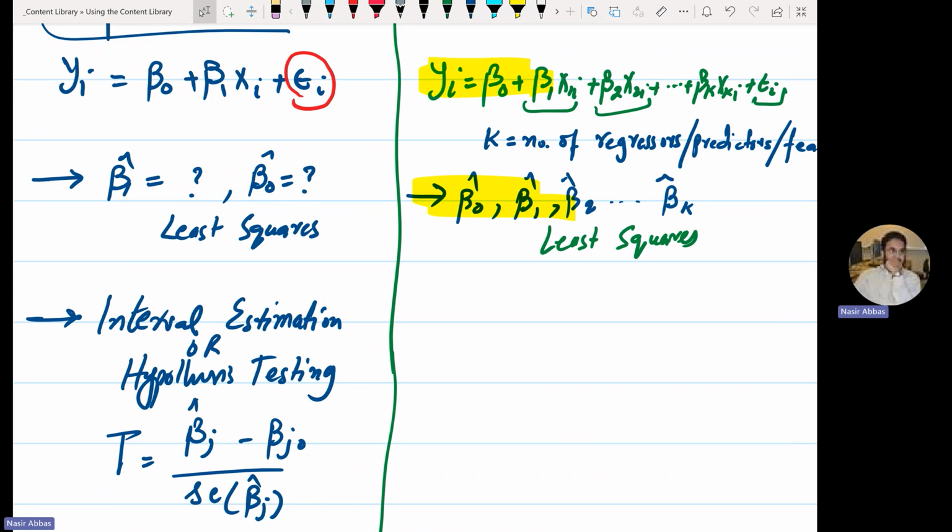After doing that, in chapter 11, we moved on to testing hypothesis. When we moved on to testing hypothesis, because there was only one feature, we only tested about that one feature. Here you have K features. So here you will have 3 types of hypothesis, not only one type of hypothesis.